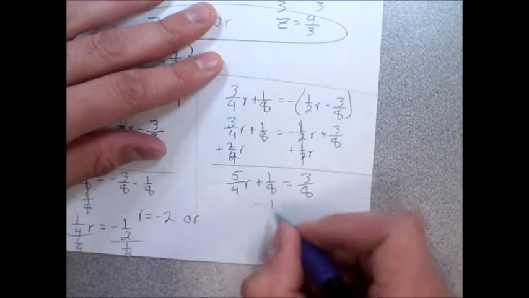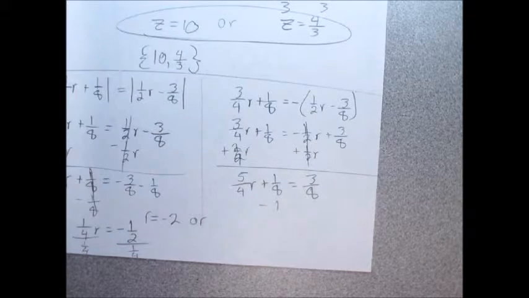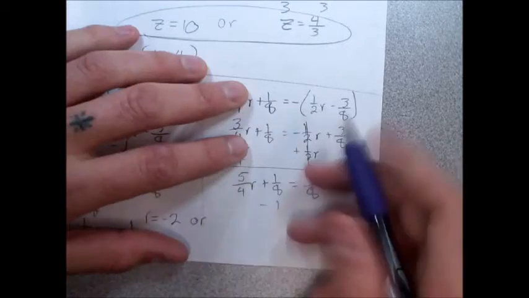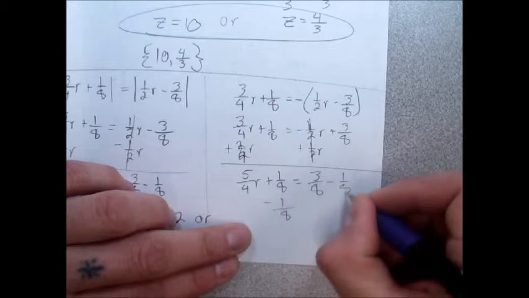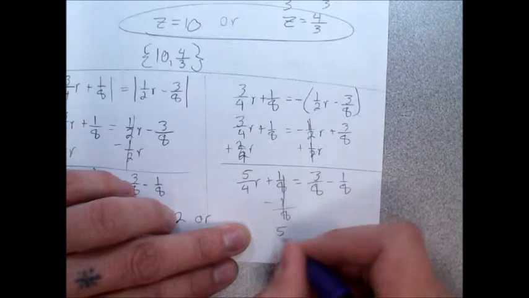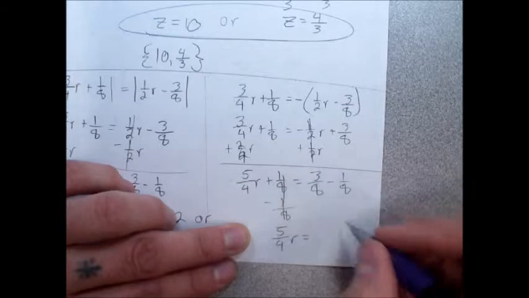Subtract 1/8. Why did I change that? Okay, sorry. On the left side, I thought I had something different. So subtract 1/8 from both sides. It's gone. I'm left with 5/4 r on the left equals 2/8, which is 1/4.